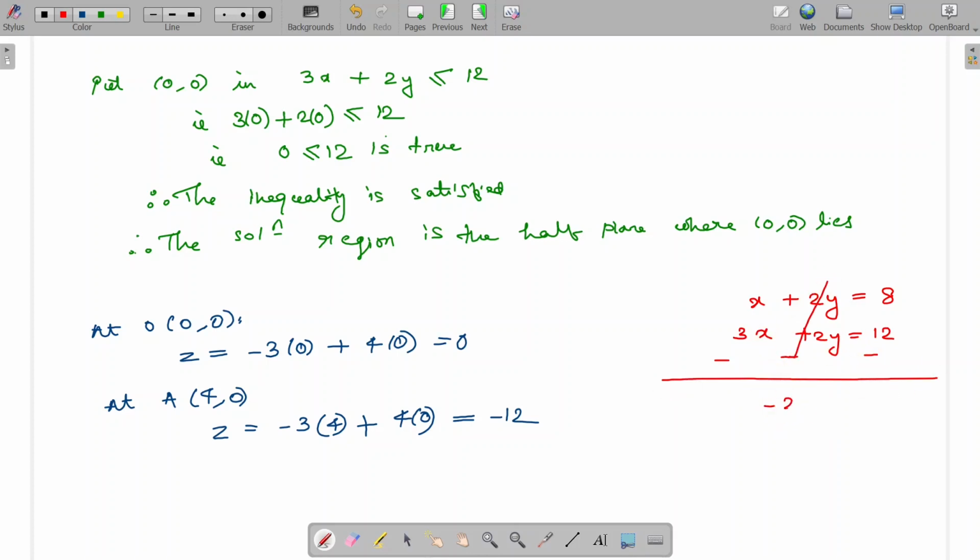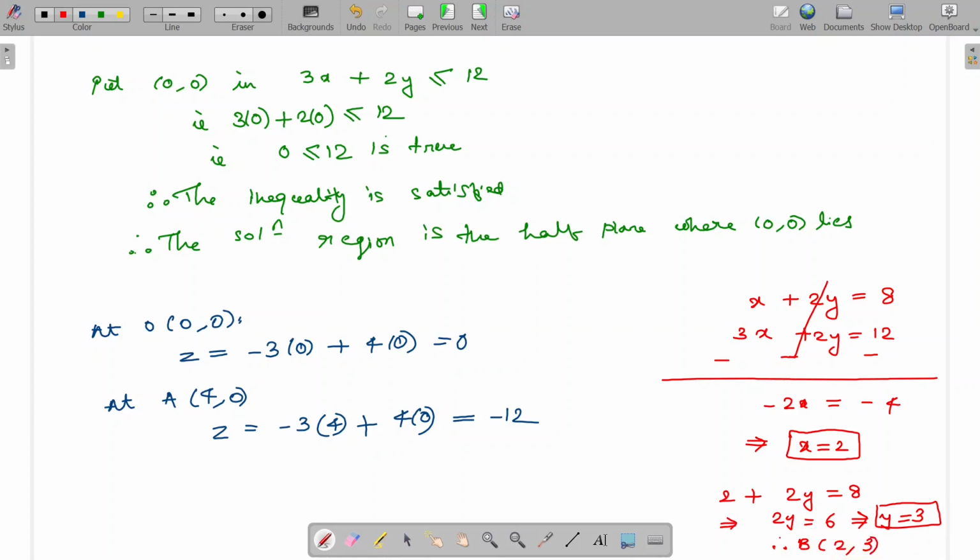X minus 3x is minus 2x, equal to 8 minus 12 is minus 4, right? So that means x is equal to 2. I will substitute x equal to 2 in the first line. So 2 plus 2y equal to 8. So that means 2y is equal to 6, sorry. So y is equal to 3. Therefore the point B is x is 2, y is 3.